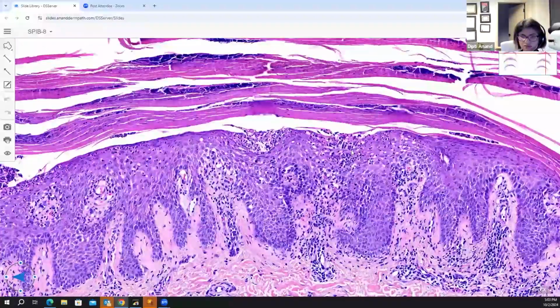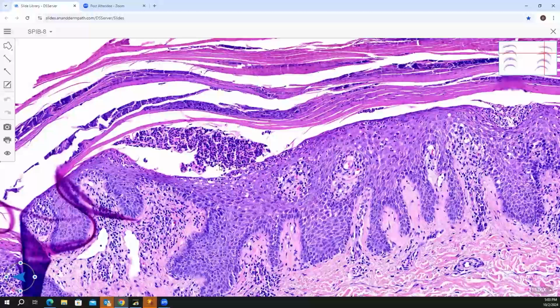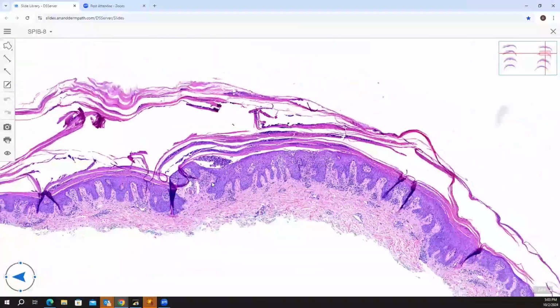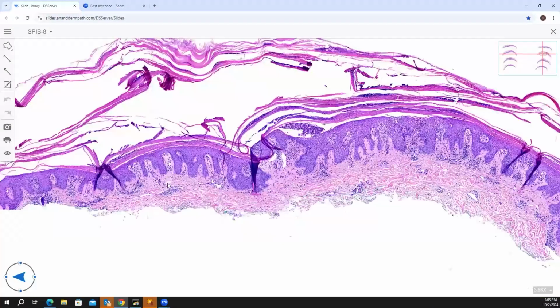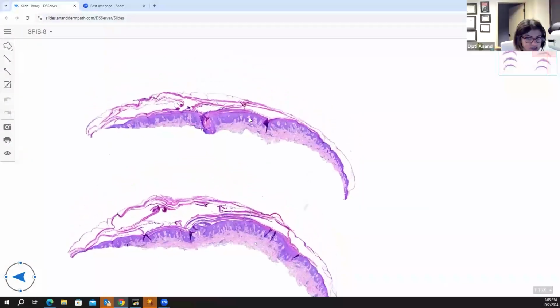What are all these? Neutrophils, yeah. Is this pustular psoriasis? Yeah, this is classic psoriasis.